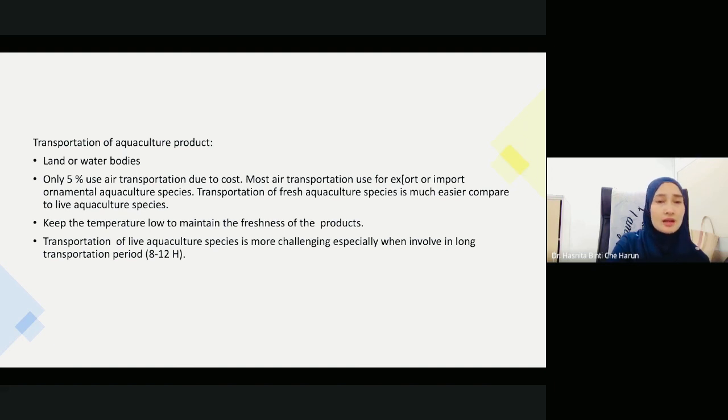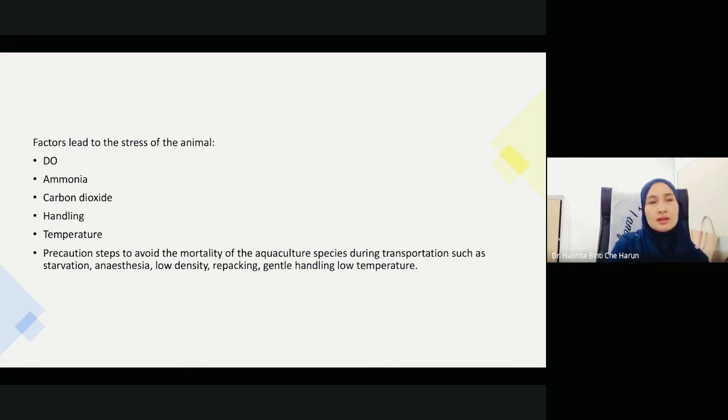This is because of the high cost, and only for the purpose of export or import, normally for ornamental aquaculture species. These are the factors that lead to stress of the animal: DO, ammonia, carbon dioxide, and so on. So these require a pre-nutrition step to avoid accumulation of these materials because it could lead to mortality of the species during transportation.